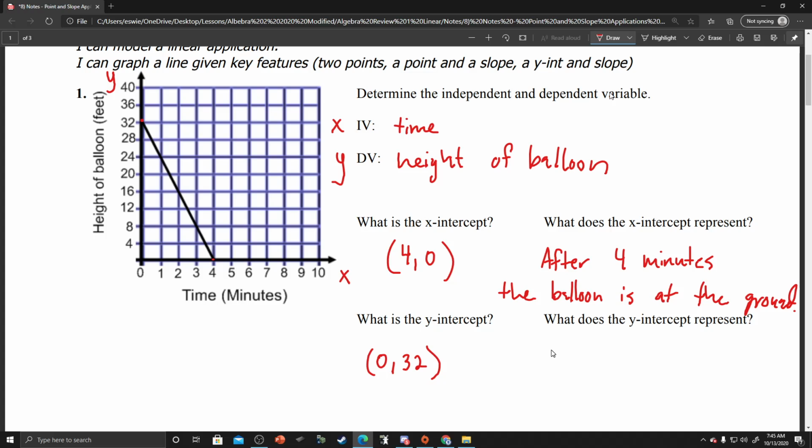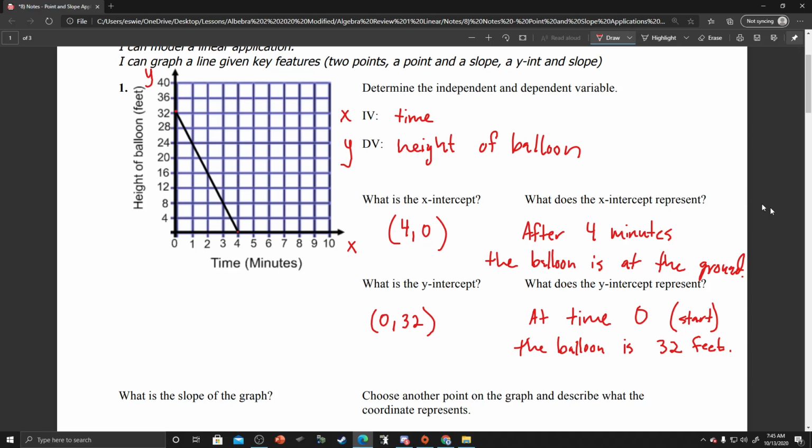And that means that at time 0, or at the start, the balloon is 32 feet off the ground. Zoom out a little bit.